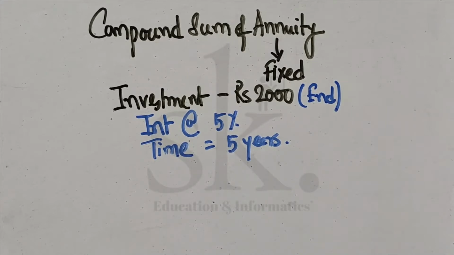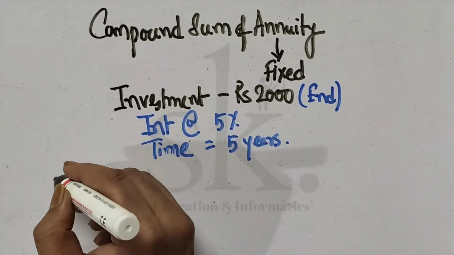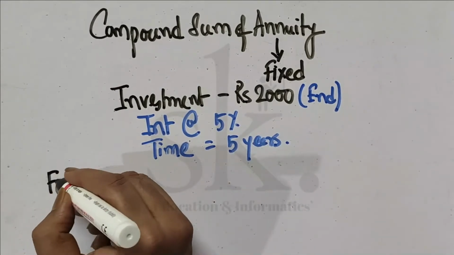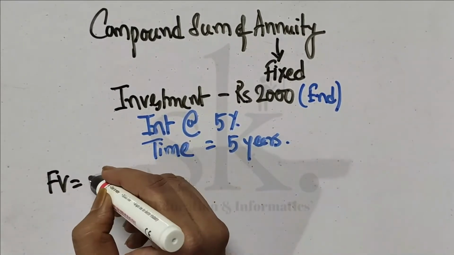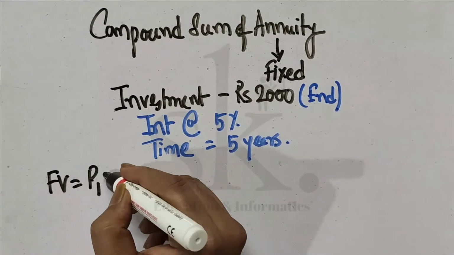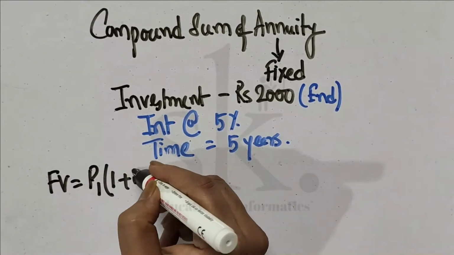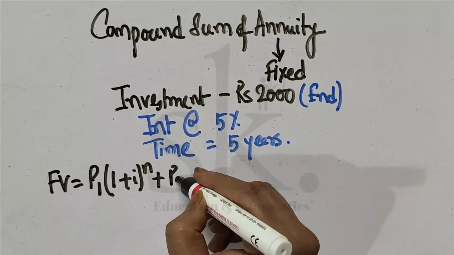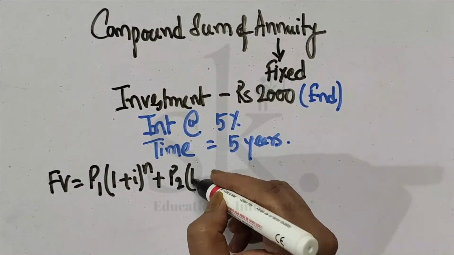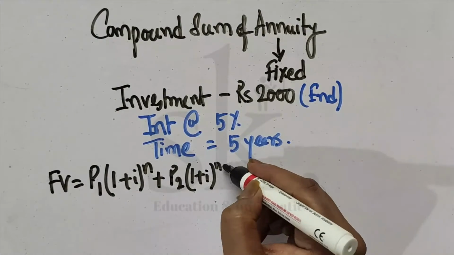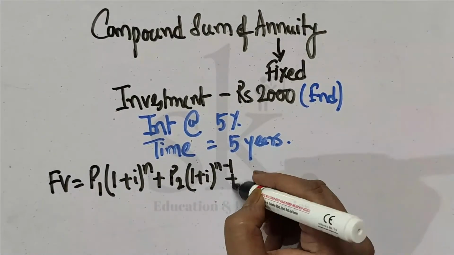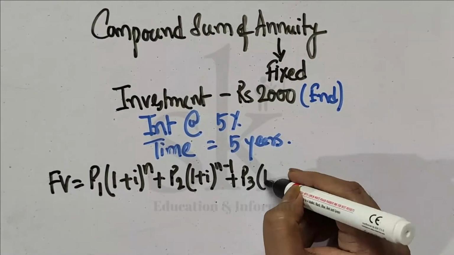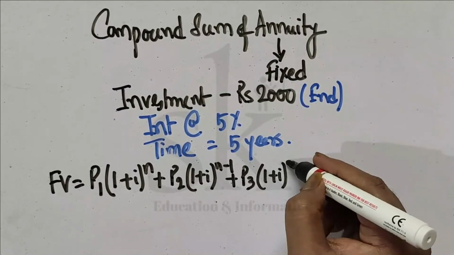Now, in case of a series of cash flow, we did a formula where the future value is equal to P1 (1 plus I) to the power n, plus P2 (1 plus I) to the power n minus 1, plus P3 (1 plus I) to the power n minus 2.